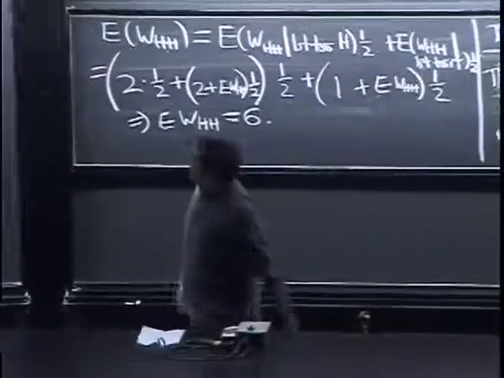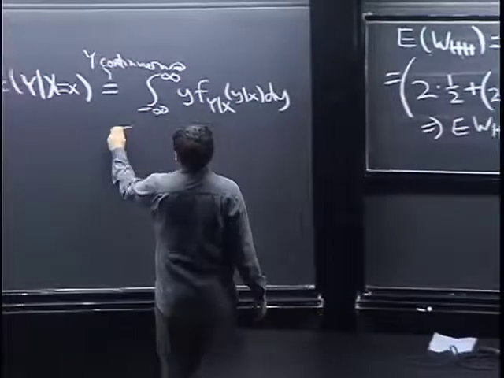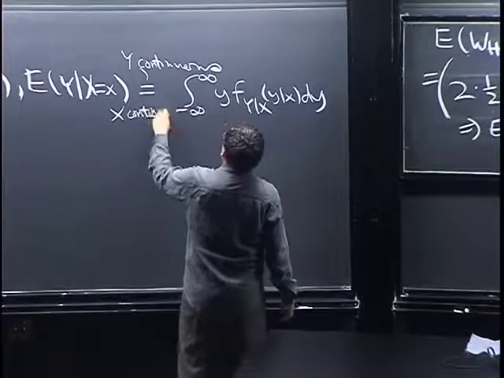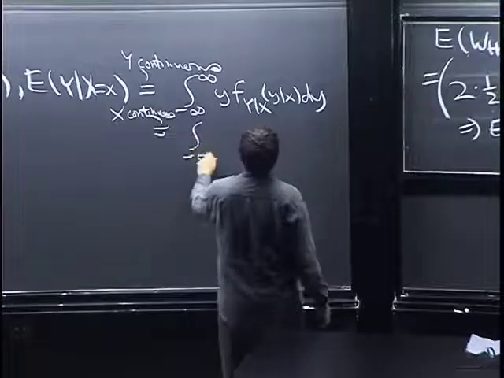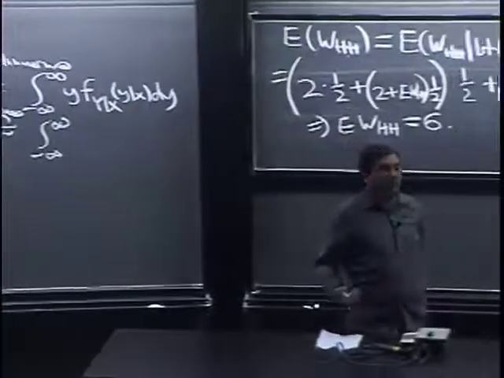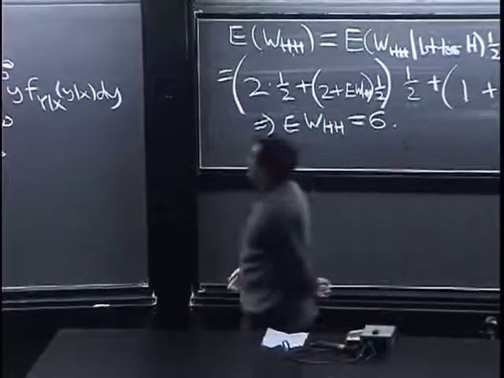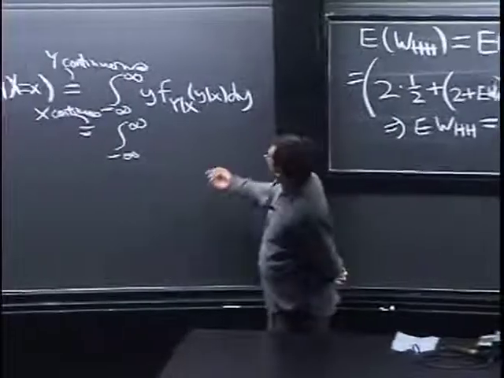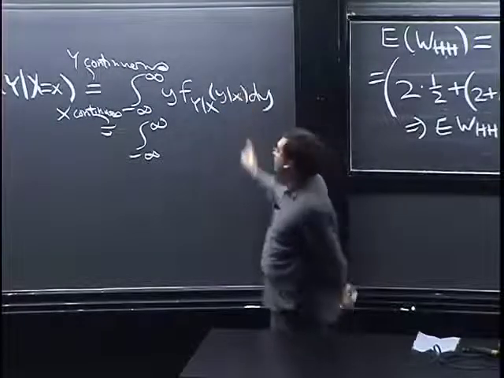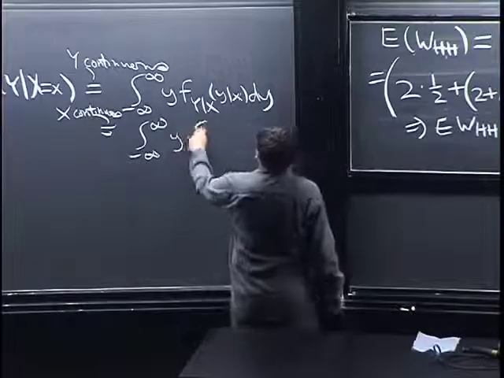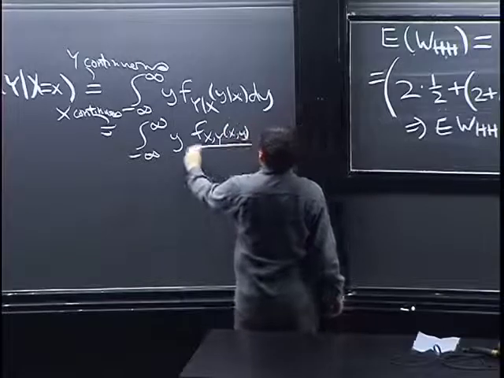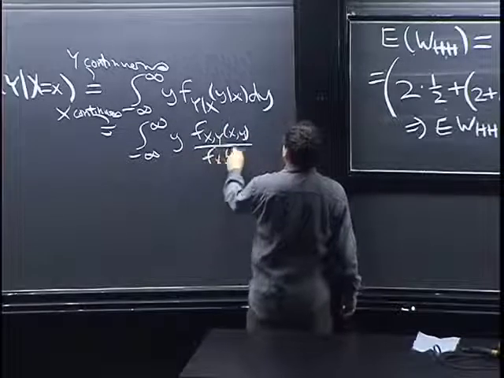And if X is also continuous, just to remind you how we get this conditional PDF: the definition of the conditional PDF is completely analogous to conditional probability. Instead of a probability we have the density, so it's the density of Y and X divided by the density of X. That is just the joint PDF divided by the marginal PDF of X.